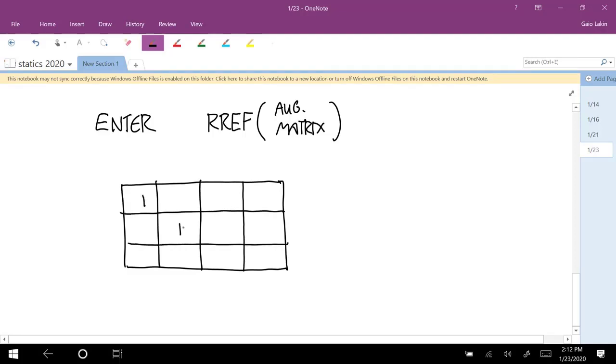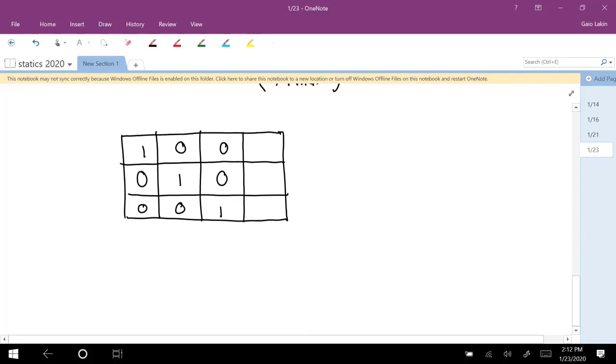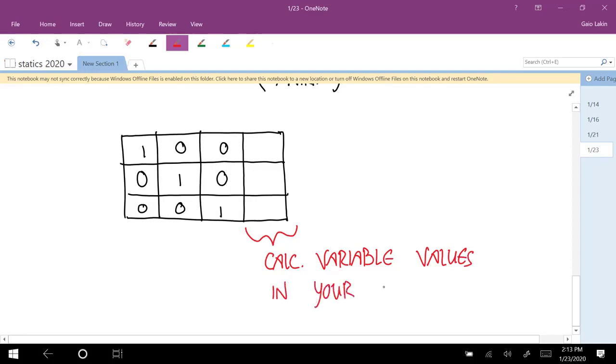It's going to have ones down the diagonals and zeros in the other spots. And then your last column is going to be the calculated variable values in your chosen order. So the value that comes out here is going to be your X value, your Y value, and your Z value.